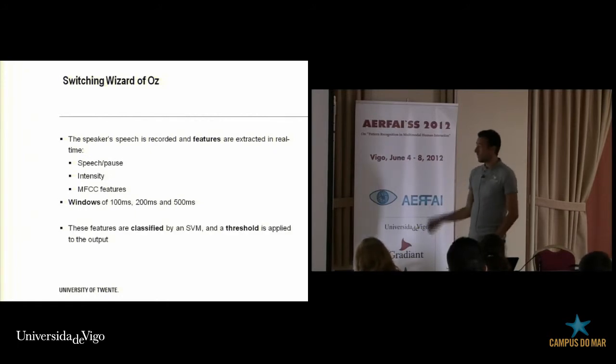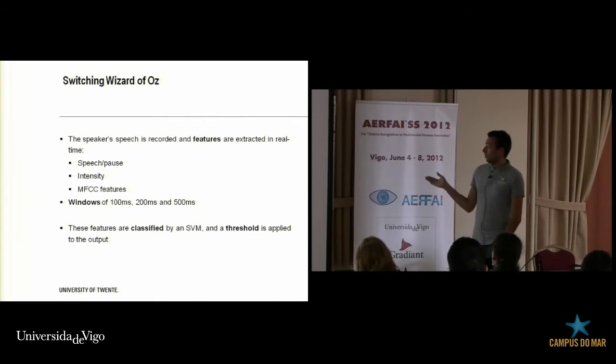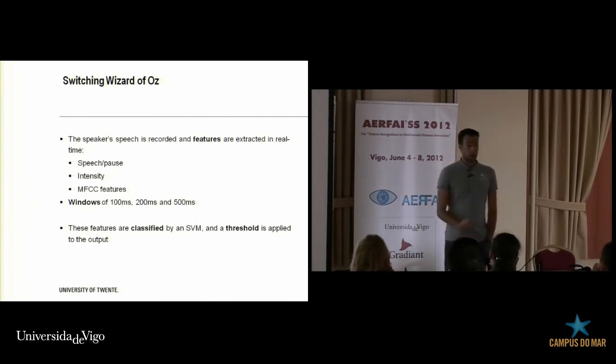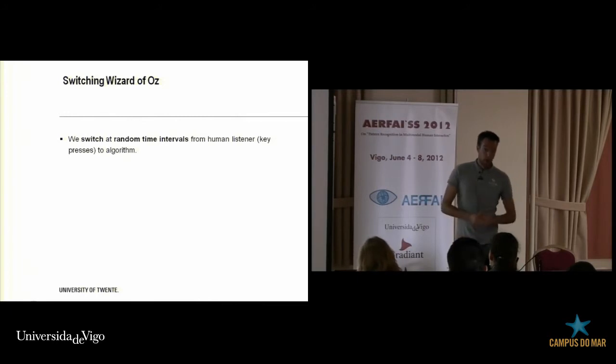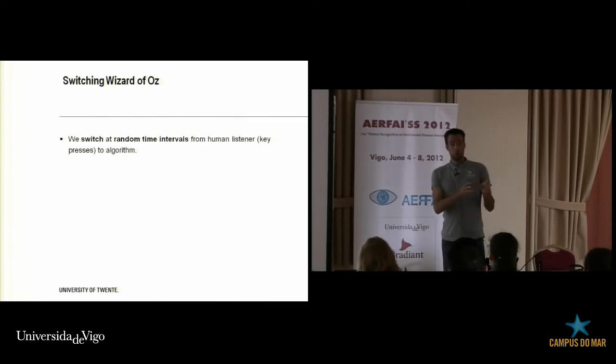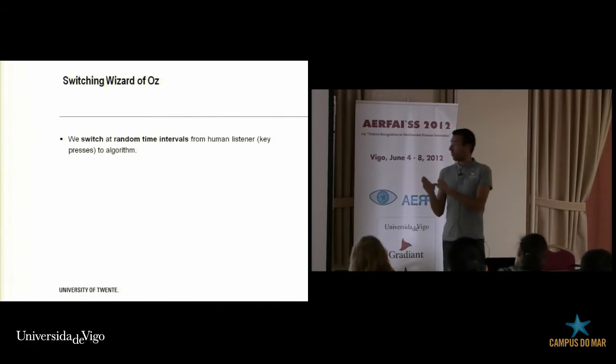And we have our algorithm running. We have an SVM, which was trained beforehand. We classify everything that comes in, we set a threshold, and we apply it, and then we produce a nod every time it's above the threshold. So that's quite easy. At the same time, we have a human pressing buttons, and we have an algorithm saying, hey, this is a nice moment to do it.